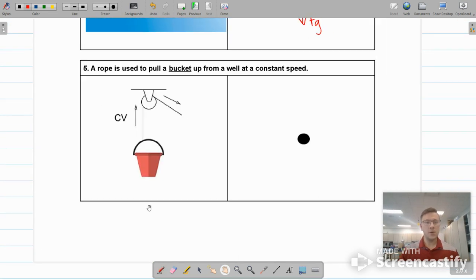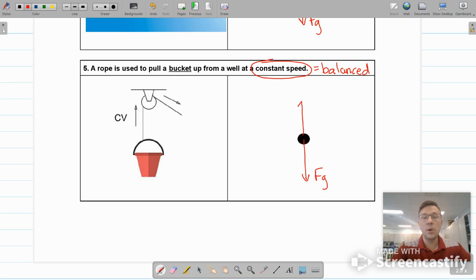Last one here would be our bucket that is getting pulled up from a wall at a constant speed with a rope. Okay, so as always, F_G points down, and because it's moving at a constant speed, I do know that my forces are balanced in the vertical plane here.